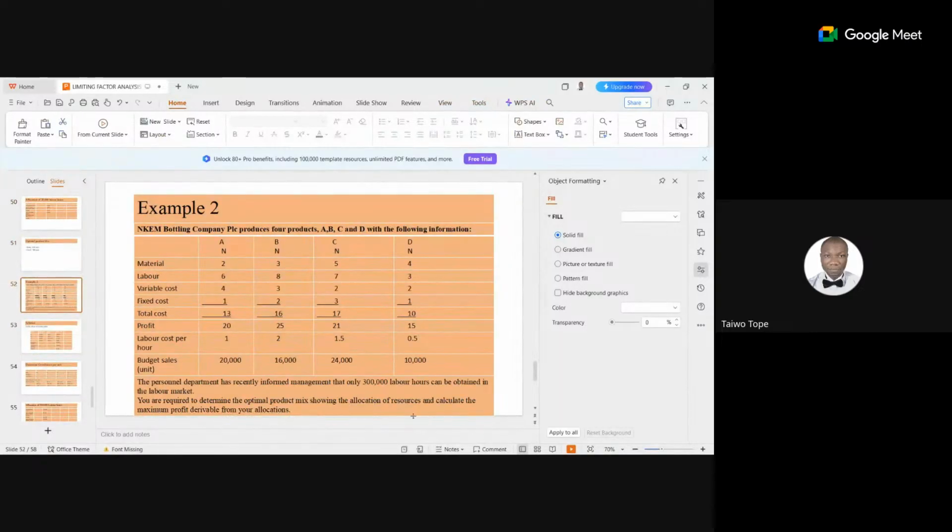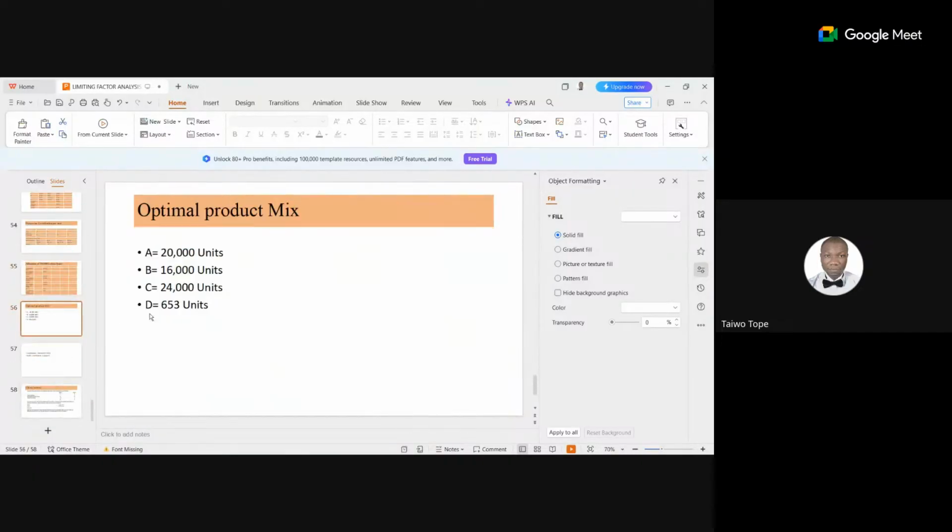So going back to the question, calculate the maximum profit derivable from your allocations. So based on the units we can produce, what will be the profit? If you can produce 20,000 units, what will be your contribution?